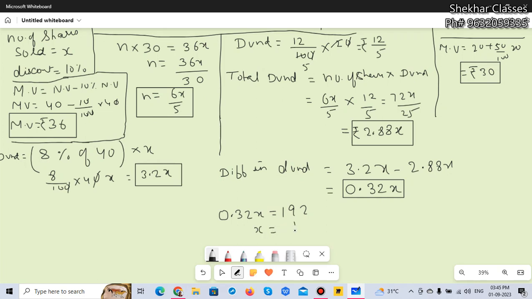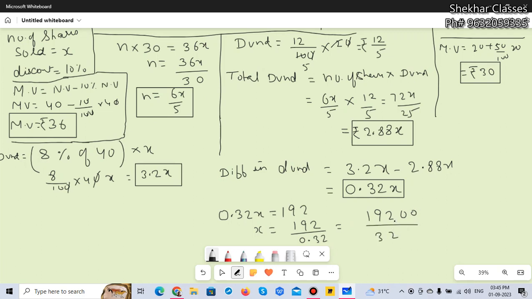So x will be 192 divided by 0.32, which is 19200 upon 32. Can we divide 192 by 32? Yes, it will go exactly 6 times. So we can say it is 600.